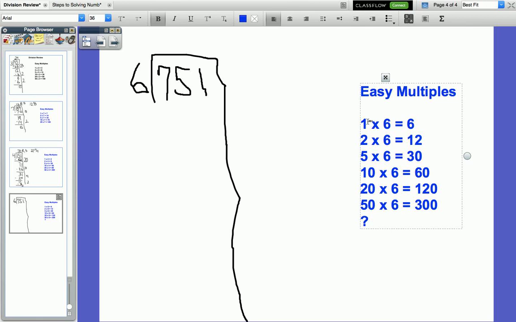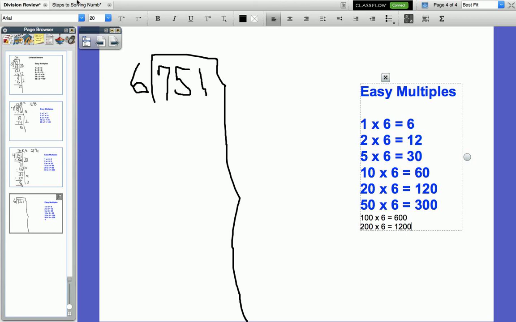So I have my 1, 2, 5, 10, 20, 50. My next easy multiple would be 100 times 6, and that would be 600. And then the next one would be 200 times 6, and that would be 1200. So I don't need to do any more. 1200 is more than my dividend, so I can stop there.